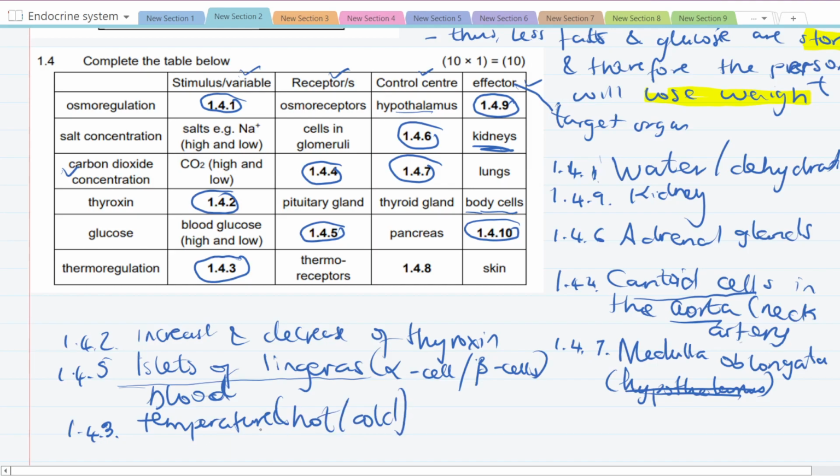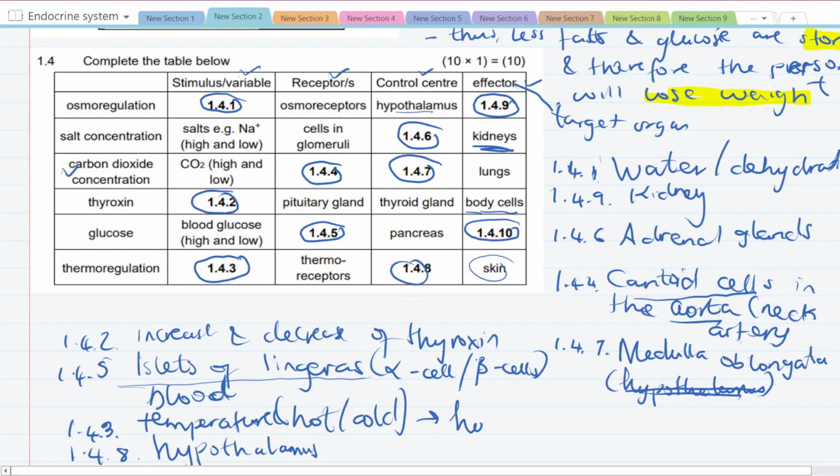So the change in temperature will stimulate thermoregulation, and you have thermoreceptors. The control center, once again, this is 1.4.8. The control center will be the hypothalamus. Hypothalamus controls temperature, and the target organ will be the skin.